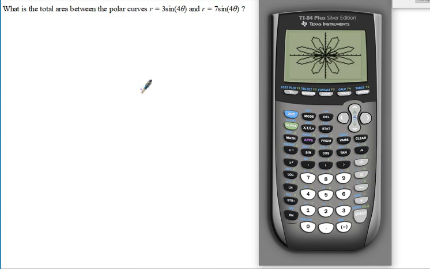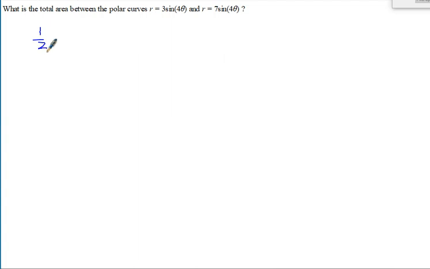So we can set it up as 1/2. We just saw that to get the entire graph we need to go from 0 to 2 pi. And our R1 was the one further away. Based on the 7, it was out there and graphed second, so this would be 7 sine of 4 theta squared d theta.